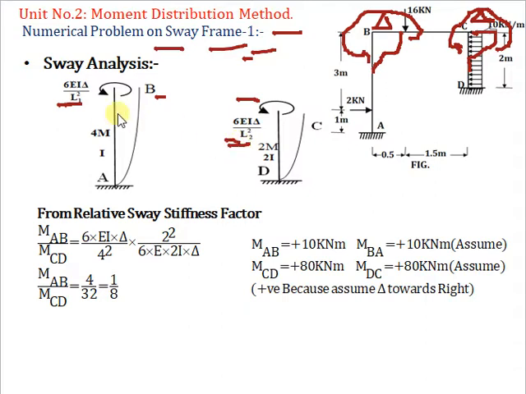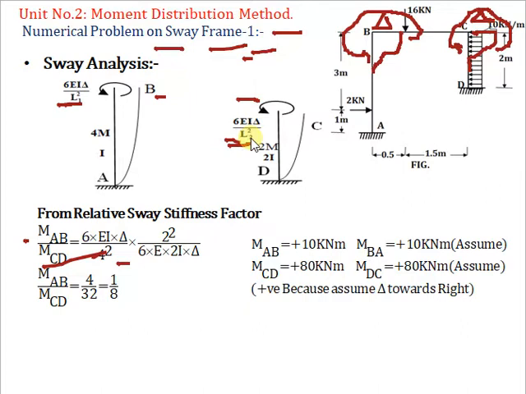Now let's consider its ratio: moment MAB divided by moment MCD. By taking that ratio, considering delta will be the same for both columns, and putting in the values, MAB is 6 EI delta divided by 4 square, divided by MCD, that is 6 EI delta divided by L square.